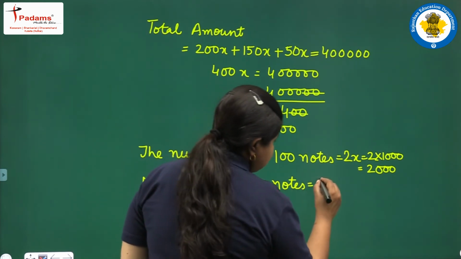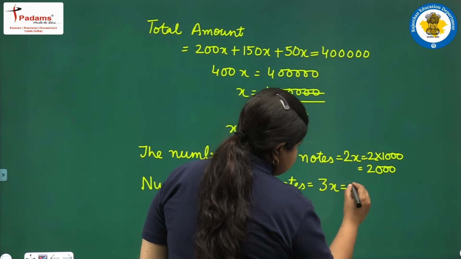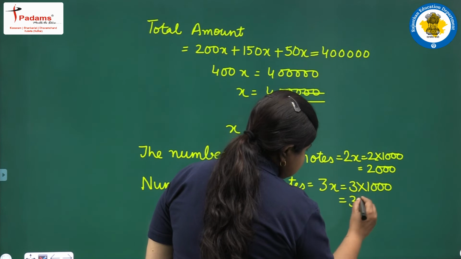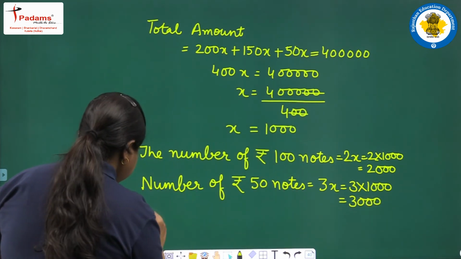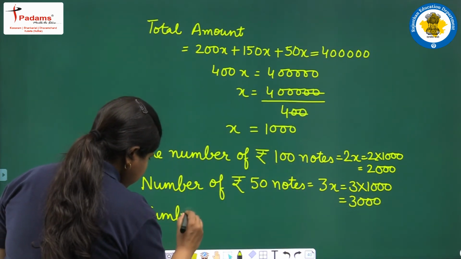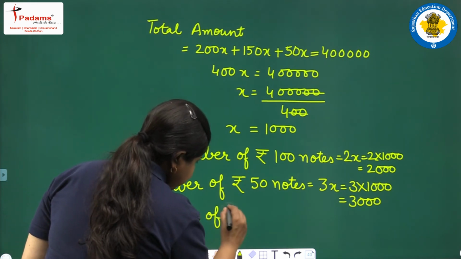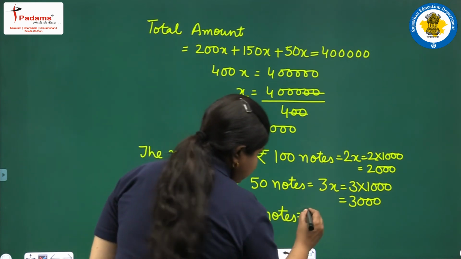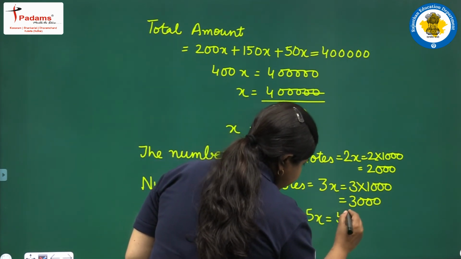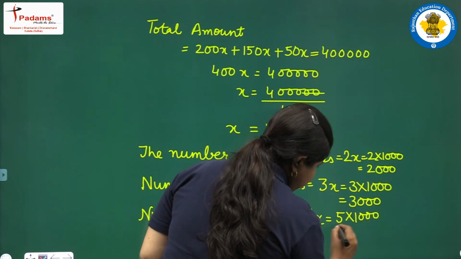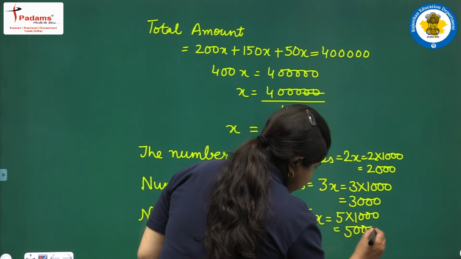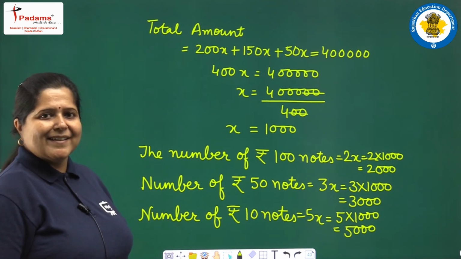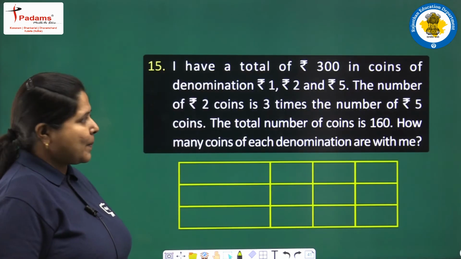It will be 3x. So 3 into 1000 equal to 3000. And then we have the number of rupees 10 notes equal to 5x, and that will be 5 into 1000 equal to 5000. So these are the number of notes of different currencies. We move on to the next question.